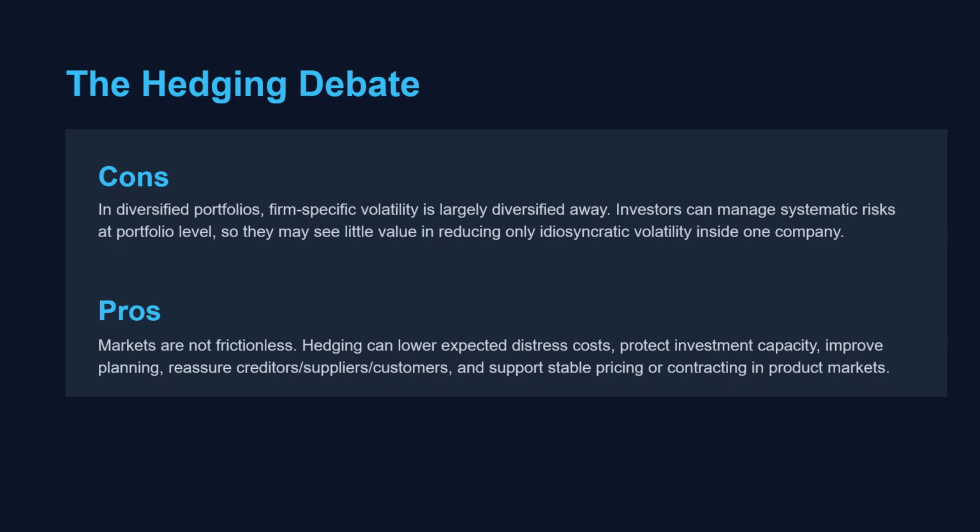The practical answer is hedge when reducing risk supports real economic value. For example, if hedging protects investment capacity, reduces the probability of financial distress, stabilizes pricing, or preserves access to funding, then it can benefit the firm and its stakeholders.